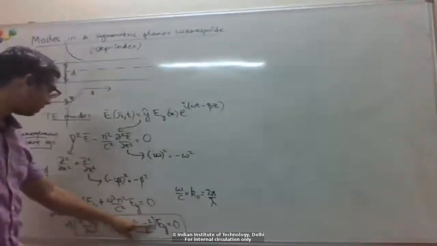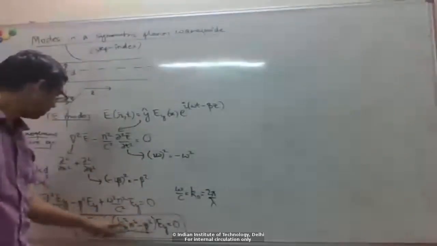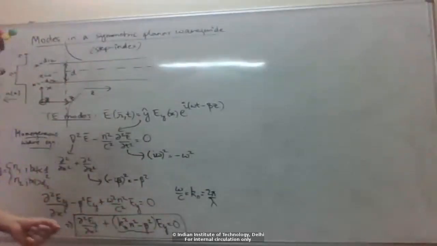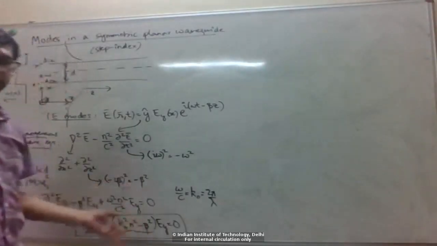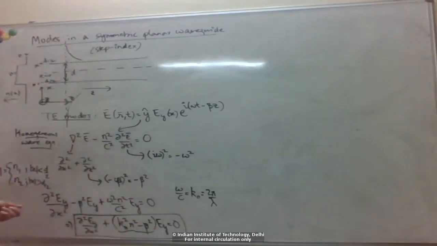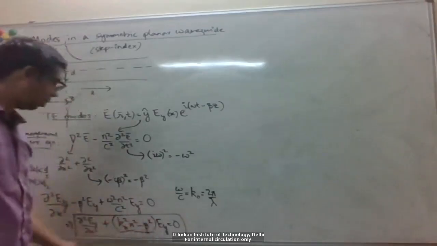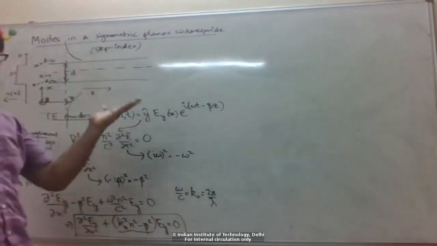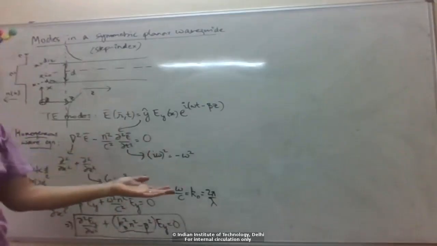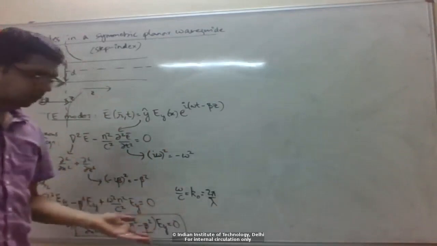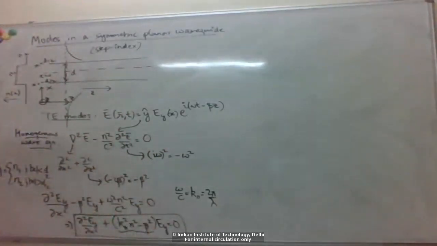Or if this constant is negative, then they are pure exponentials, either increasing exponential or decreasing exponential. So basically from this equation we already know that the solutions have to be some exponential functions, either complex exponentials corresponding to sinusoidal functions like sine or cos, or real exponential functions.